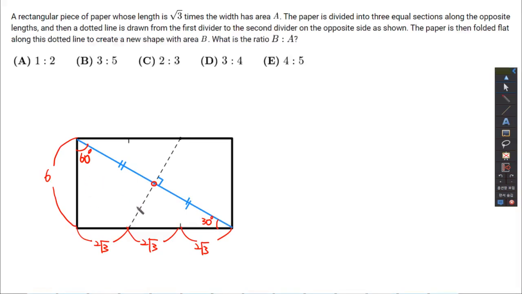So the length of the diagonal is 12. So 6 and 6 square root of 3 makes this 12. So that means this length is again 6. And then we can also reflect this point using this crease.